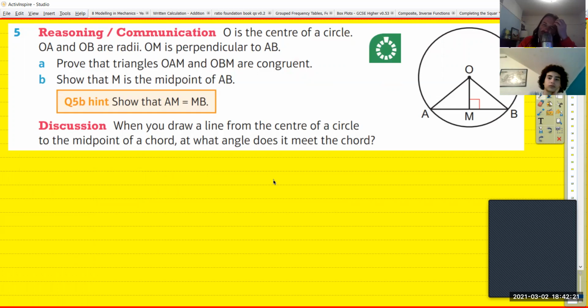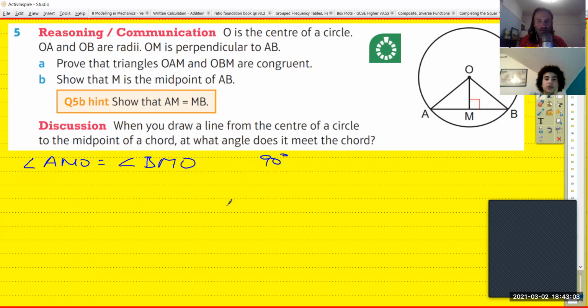You can prove that these two are congruent. Any three things you can find that are the same in both triangles? Both right angles. Yeah. So angle AMO equals angle on a straight line. Okay, but we don't know what's equal. What's equal in both triangles that you can give a certain reason for?